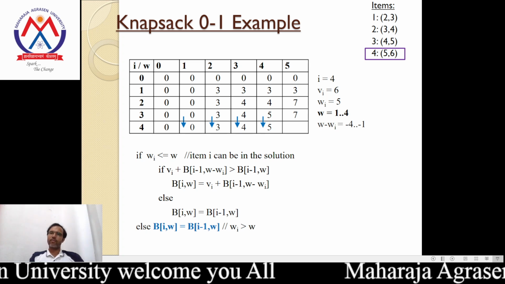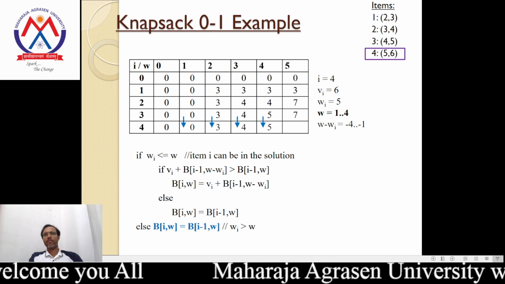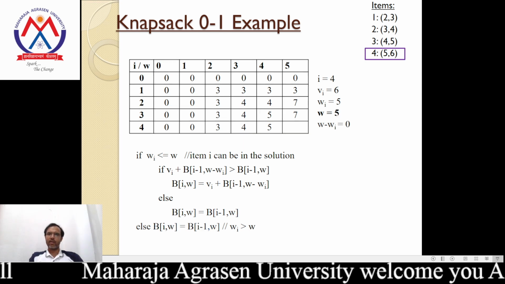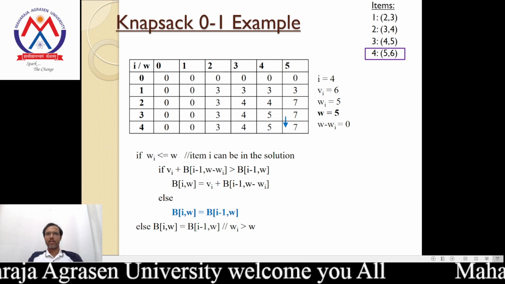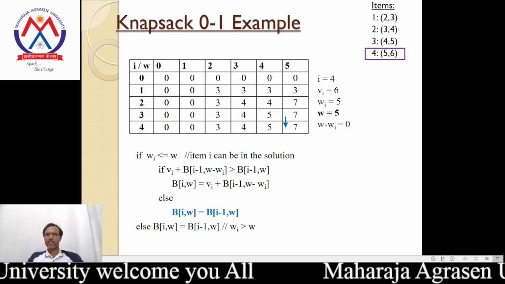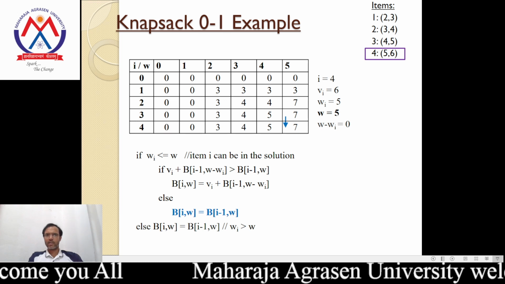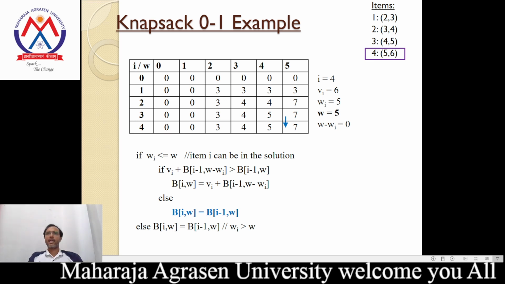Obviously, we have to select the first and second item rather than the third. So the profit value will be 7. Okay, and I think it's clear why we haven't selected the fourth item, because the profit value of the fourth item is 6, and the profit of the first and second item is 7.